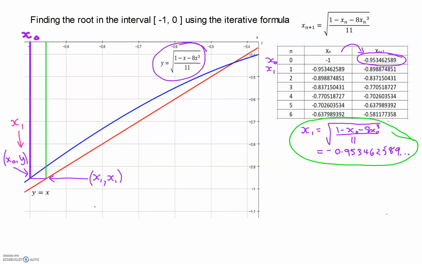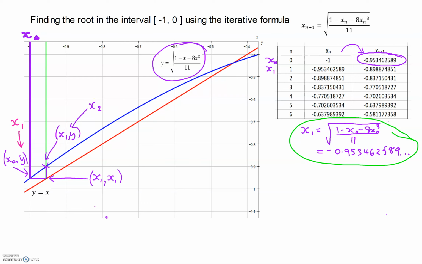So then the next thing that we do is to take our x1 value and substitute that into our root of 1 minus x minus 8x cubed over 11. And so we move back up to the blue curve, and that then finds this point here, and that point there is x1, y. And again, we want this y term to be our new x.